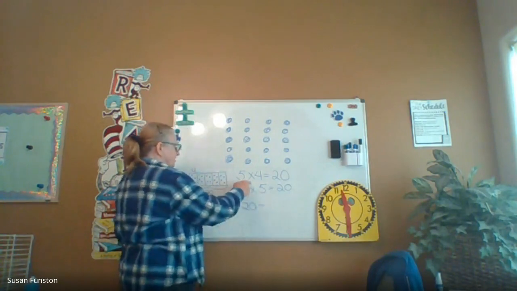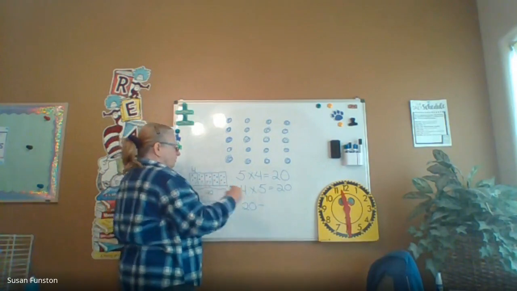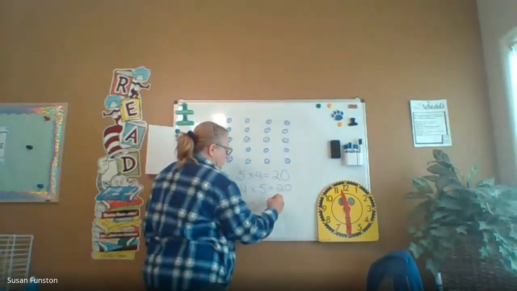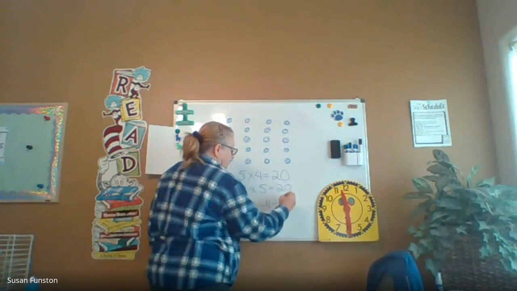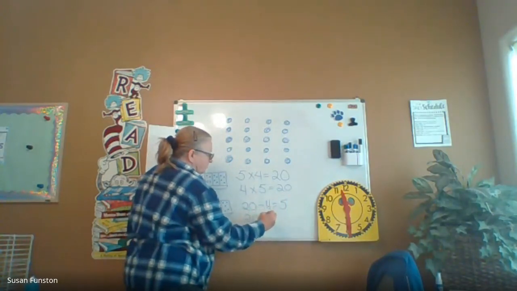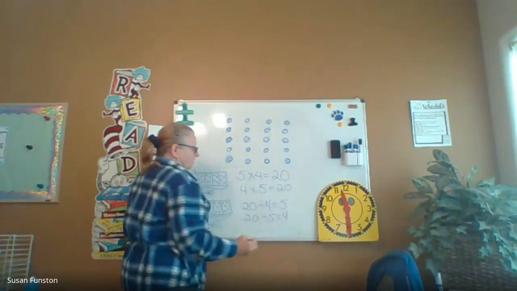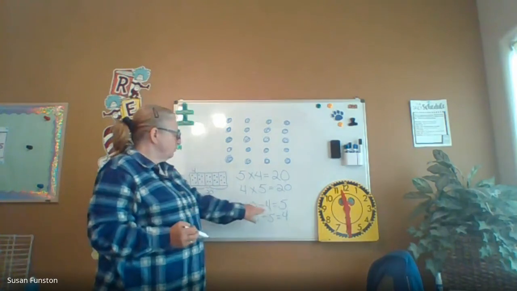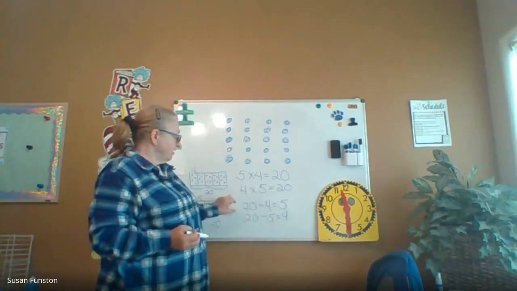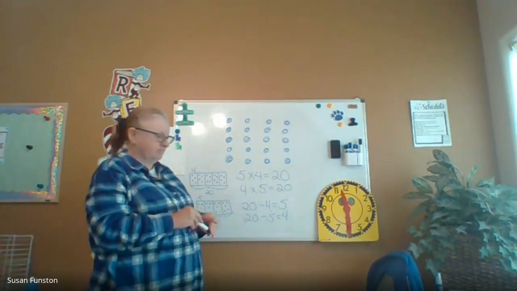And I divided it into how many groups? Groups of 4. And my other one, I divided it into groups of 5. Okay, so we can switch these numbers around, but we always have to start with our largest number in division.